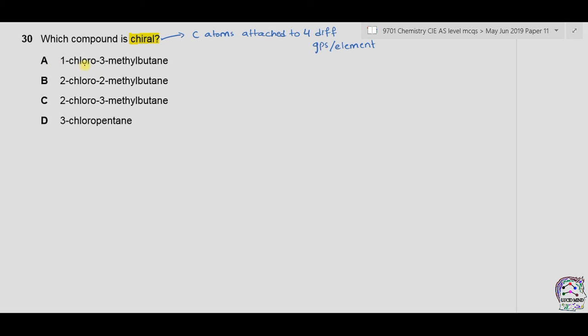Let's draw the structures. A is 1-chloro-3-methylbutane. So we have 4 carbon atoms in the long chain as it is butane. On first carbon we have chlorine atom attached, and on third carbon we have methyl group. Rest are the number of hydrogen atoms.